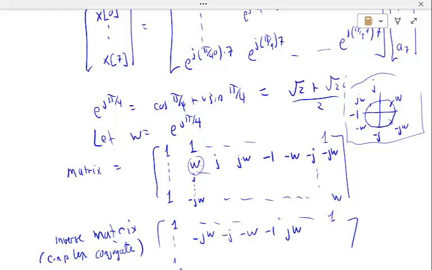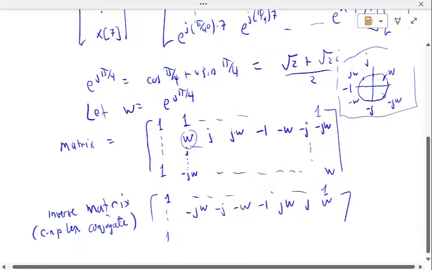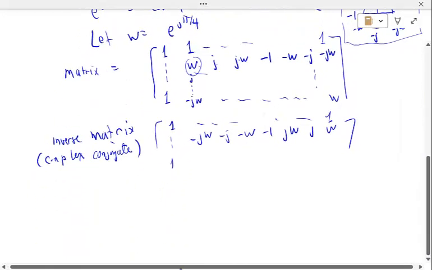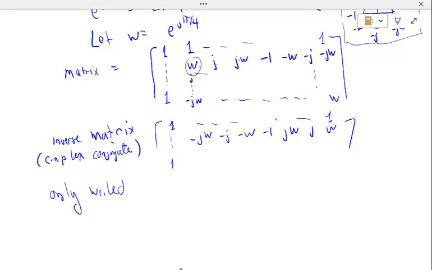I'm just doing this row backwards. J and w. All right. So you only need to write down the inverse matrix once. Okay, and then you'll use it for all of the problems, right?